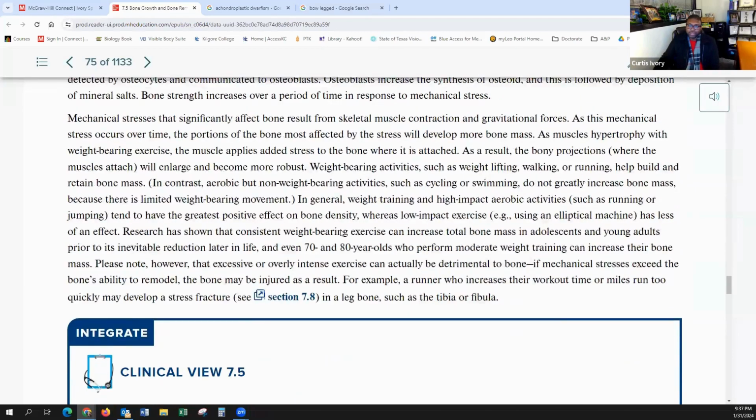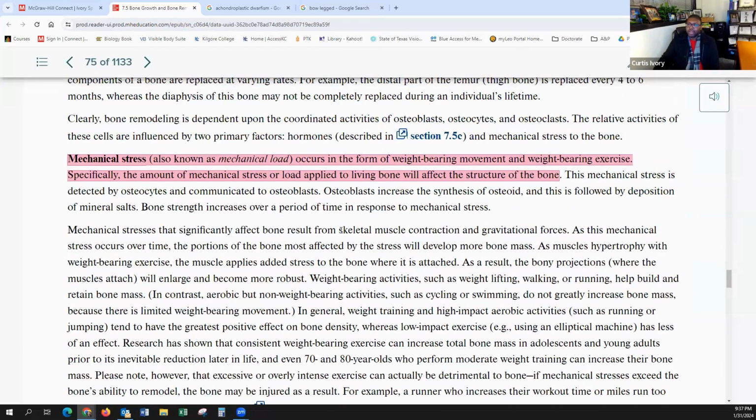So, mechanical stress. We think of stress as being a bad thing, but it actually can be a good thing. Our bones need stress, and by stress I mean they need some type of mechanical weight or load. So if you are actively walking or running, going upstairs, you're putting stress on your bones, which is a good thing.